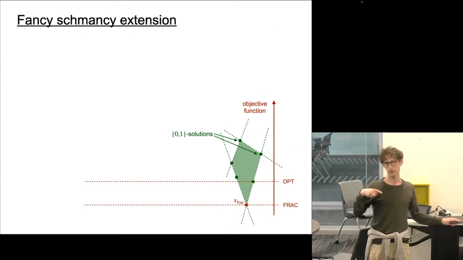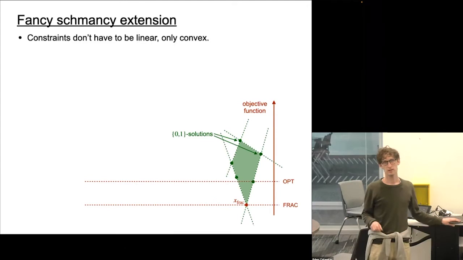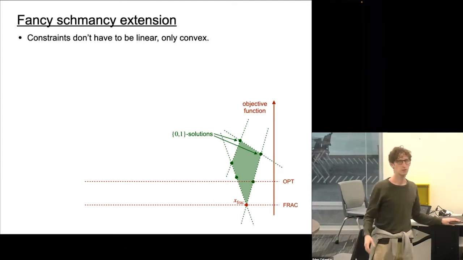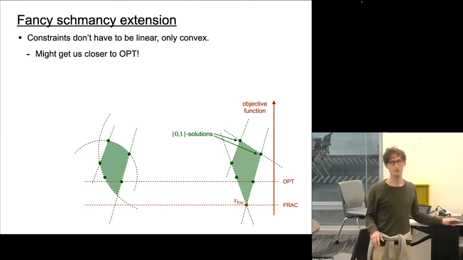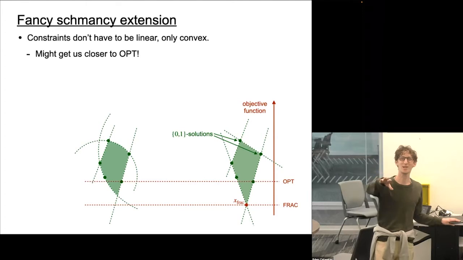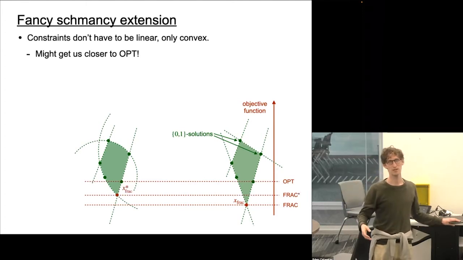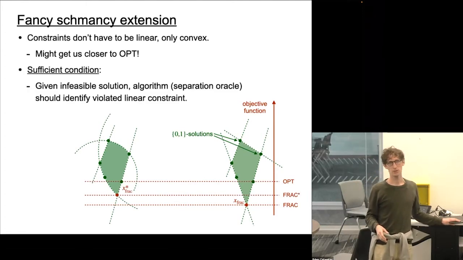And I should mention, because this will also come up later, that we don't necessarily rely only on linear programs. Actually, here we do, but in general, the constraints don't have to be linear, they can be convex, which might be a little bit better.